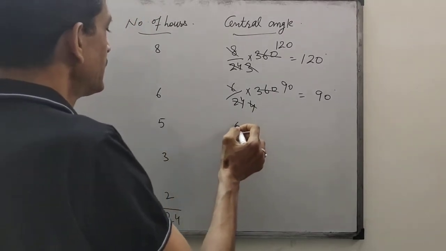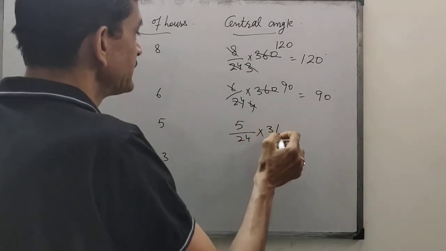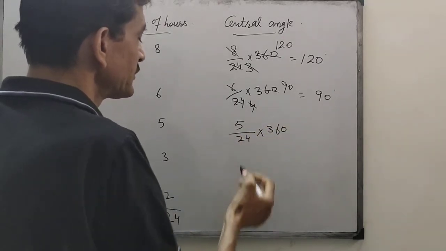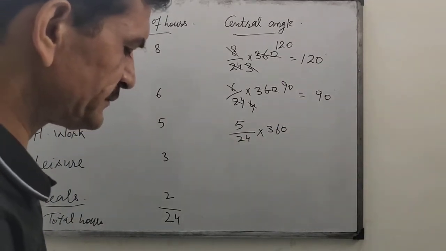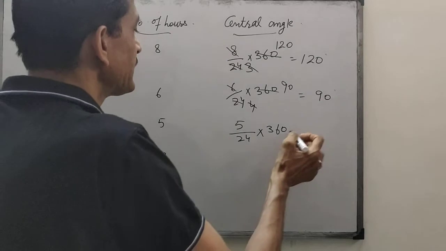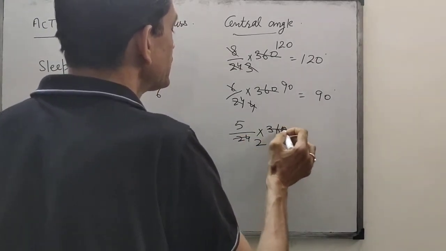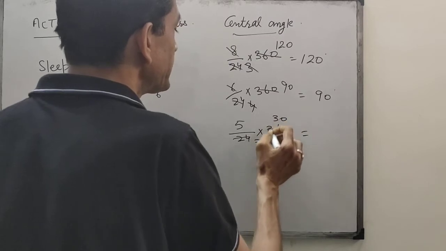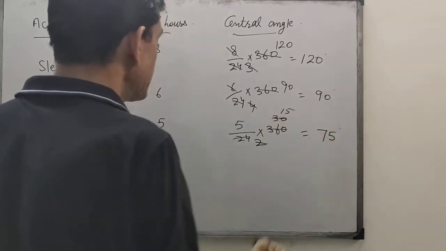Household work: 5 by 24 into 360. After cancellation, 12 twos are 24, 12 threes are 36, 2 fifteens are 30, and 15 fives are 75 degrees.